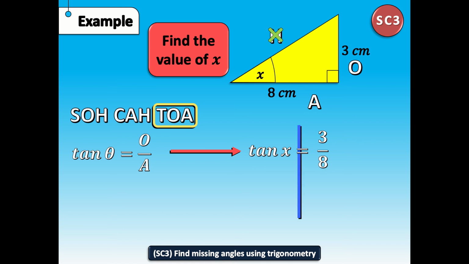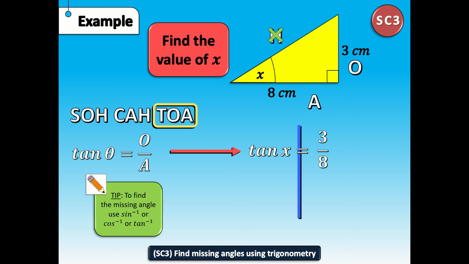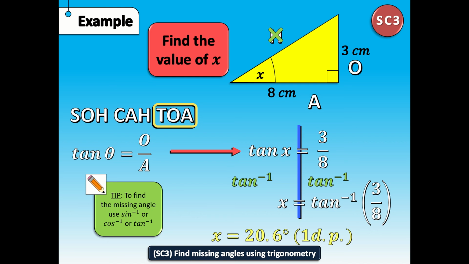Again, I need to do the inverse of tan, so tan to the minus 1. So I press shift tan on the calculator to get tan to the minus 1, and then I type in the fraction 3 over 8. If I type that into the calculator and press equals, I should get 20.6. So x is 20.6 degrees to 1 decimal place.